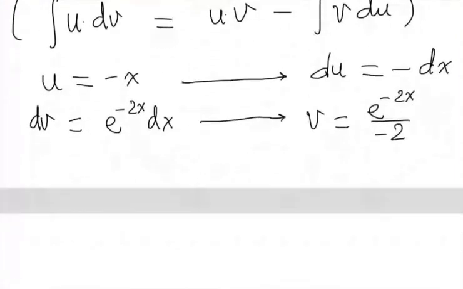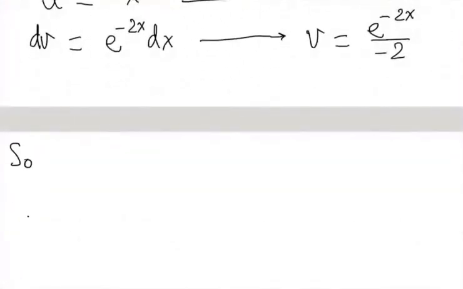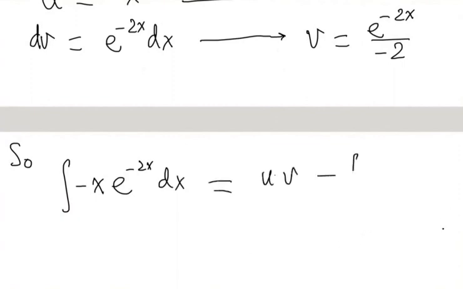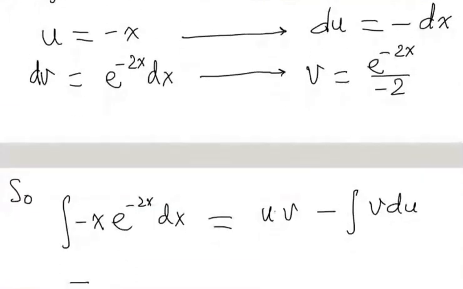And then using the formula, the integral of minus x e to the minus 2x dx becomes u times v minus the integral of v du. So let's see what we get. u is minus x and v is this. We multiply u times v.